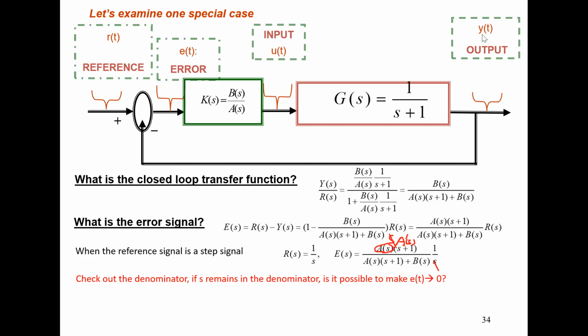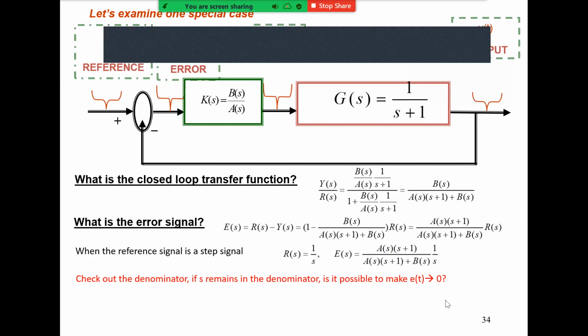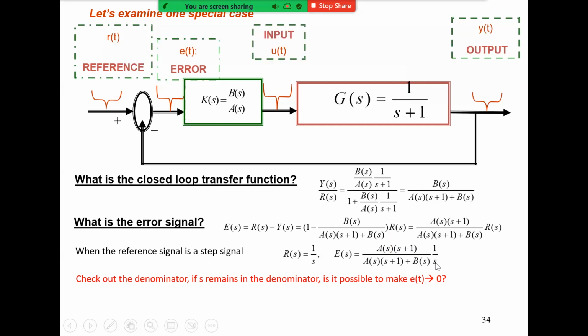That's the only way that you can make this error signal go to zero. You have to cancel out the unstable factor. If it cannot be cancelled out, that unstable factor will give rise to a signal which will not be zero.